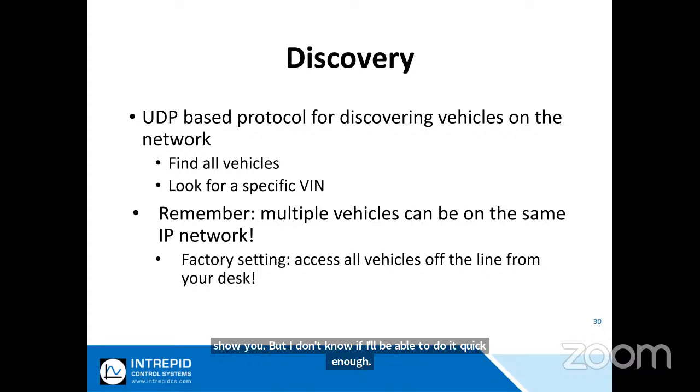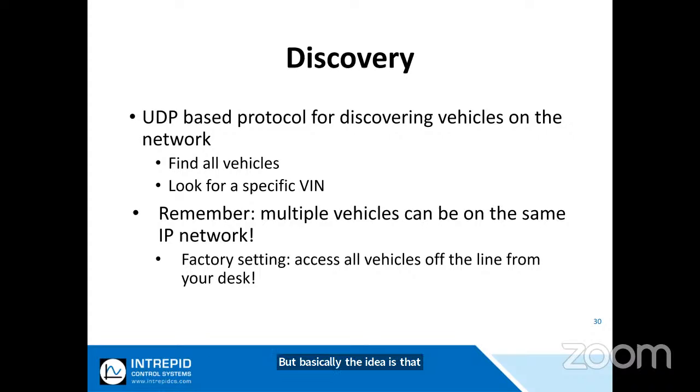But basically, the idea is that you should be able to put any protocol you want within, because all you really have is essentially a payload, just like an Ethernet.